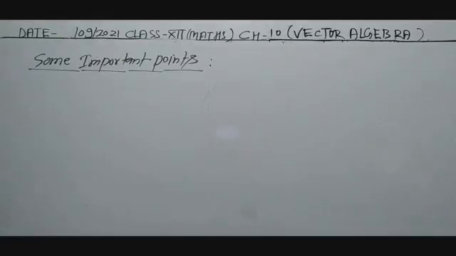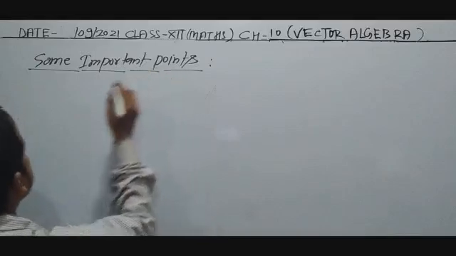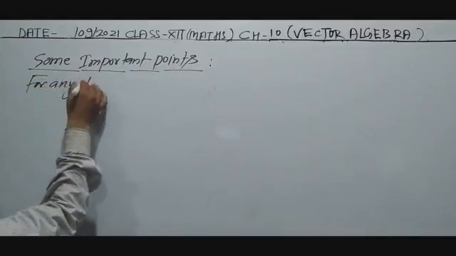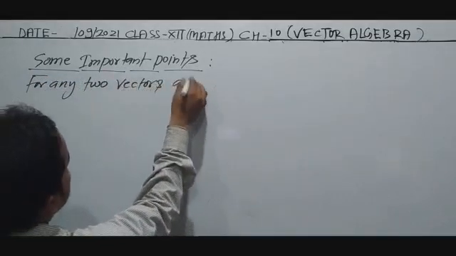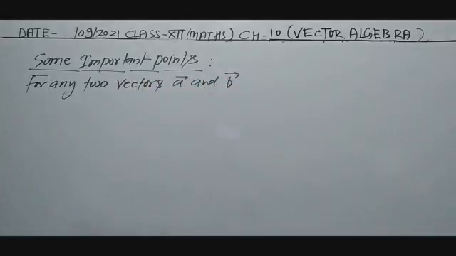So we are talking about any two vectors, vector A and vector B.